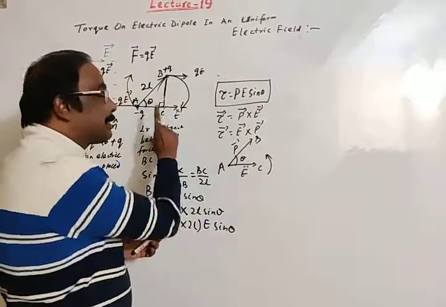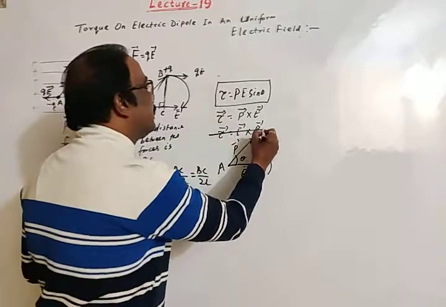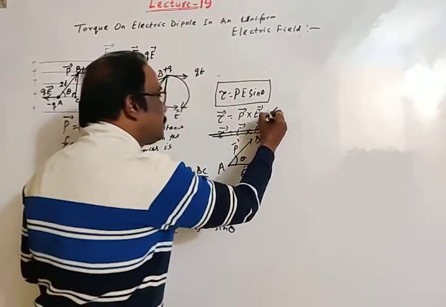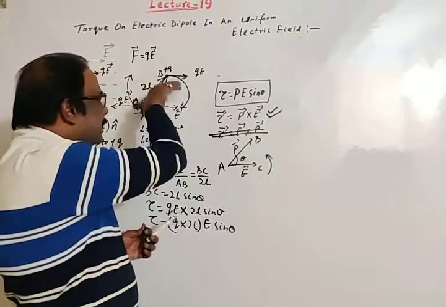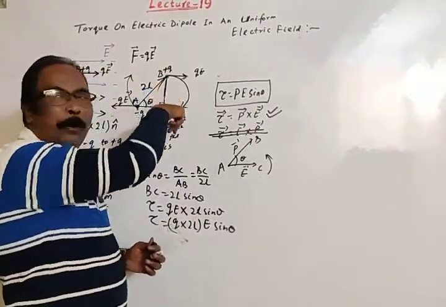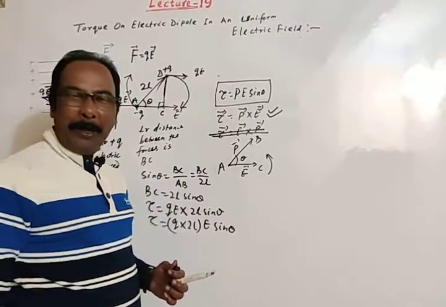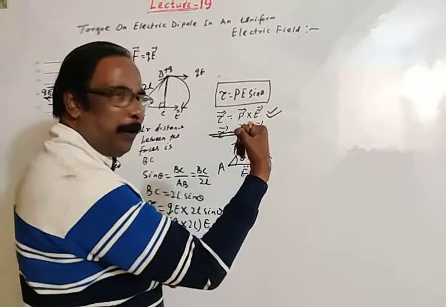So in this case, torque is in clockwise order, so this relation is not valid. This relation is valid. If rotation is clockwise, then the direction of torque is inwards according to the right hand thumb rule. If rotation is anti-clockwise, then the direction is outward.